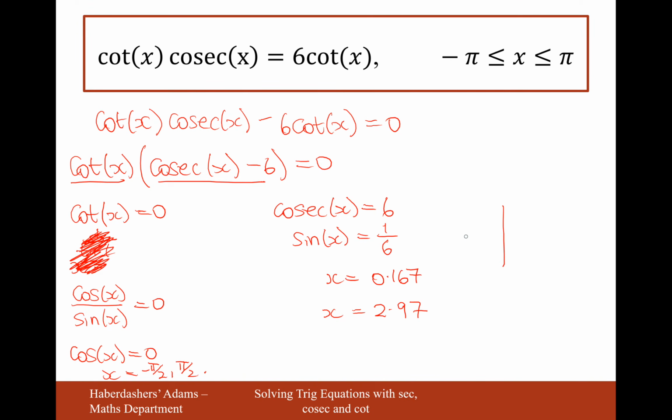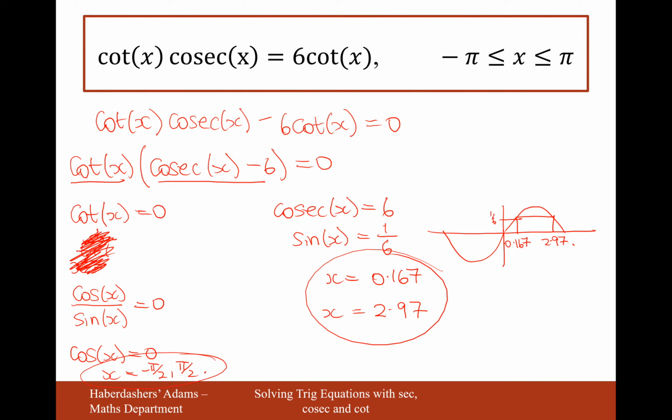And because the sine graph in between minus pi to pi is only positive on the left-hand side, on the right-hand side, I'm only going to get solutions for 1/6 on this side. 0.167 and 2.97 over here. So there we are, we have 4 answers. These 2 answers here and these 2 answers here. Lovely, there we are. That's the answer to this question.